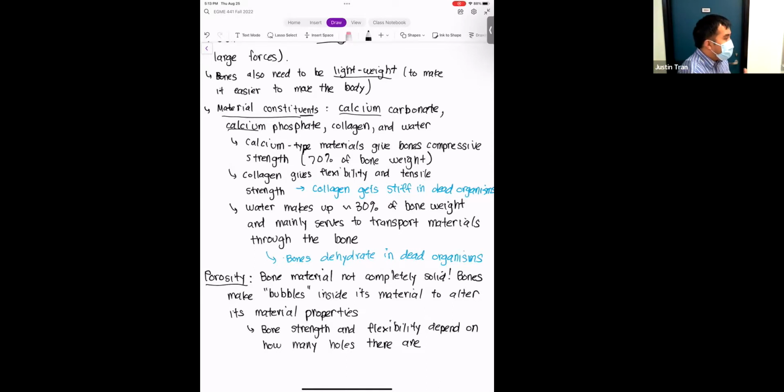The way we describe how many bubbles or how dense the bubble network is, we call porosity. Generally speaking, the more porous the bone is, the more flexible and the less strong it's going to be. So more bubbles, less strength, but more flexibility; fewer bubbles, more strength, less flexibility.